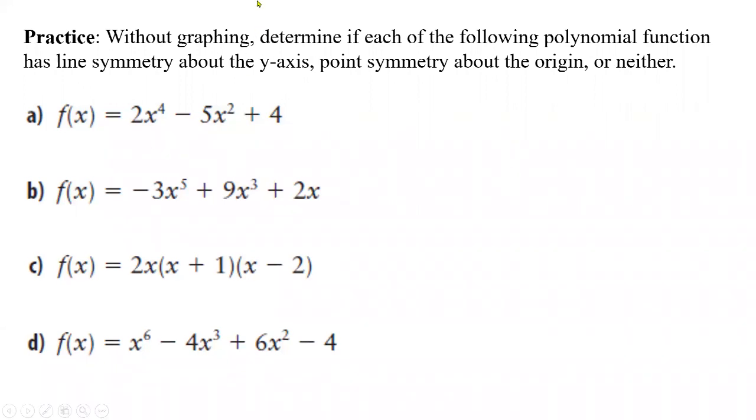All right, let's have a look at the solutions. To check if this function is even or odd, we need to check that for all x belonging to the domain, we need to check f(-x).